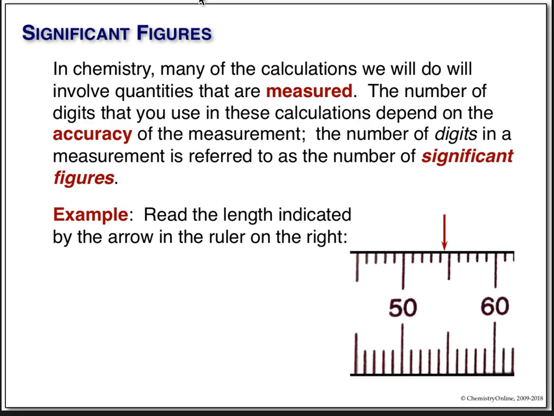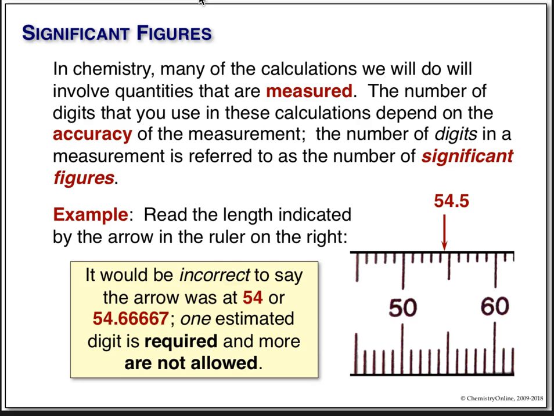It's about halfway. It's about. So what do we put down for our measurement? 54.5. Now, what this tells us is that 54, we're sure of. It is 54 at least. And it's about halfway.